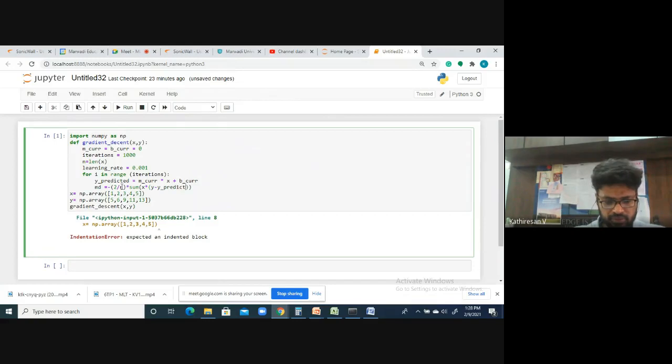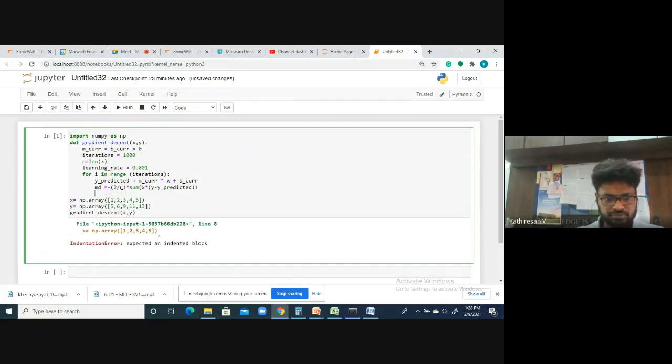The partial derivative with respect to b, bd, equals minus 2 by n into sum of y minus y predicted. This we have to find.